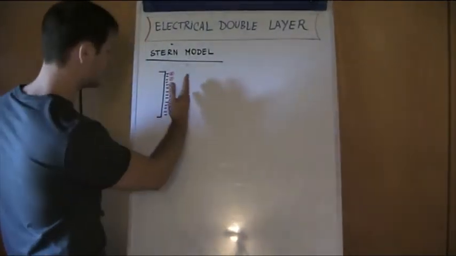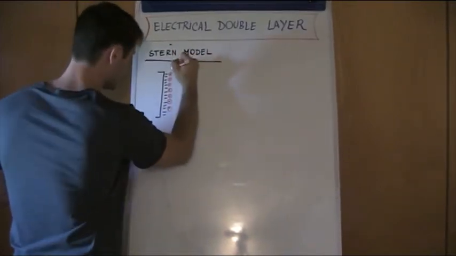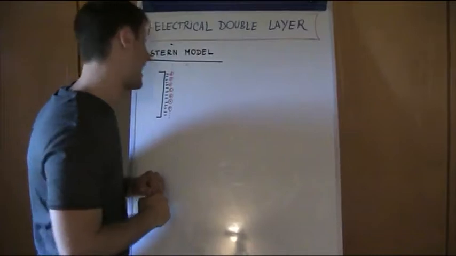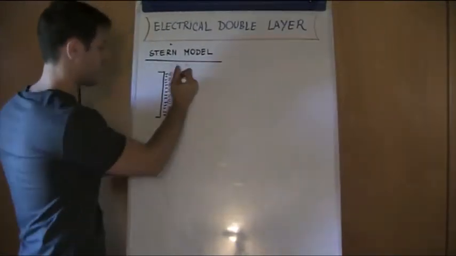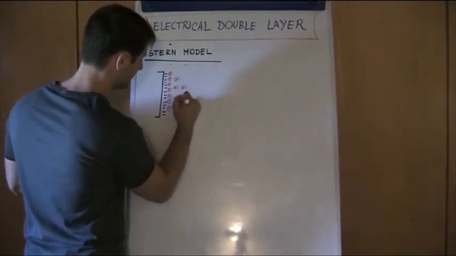That we have a first layer in which we have a plane, this one, the plane of maximum approach, and only later, only further, we have again a diffuse layer.